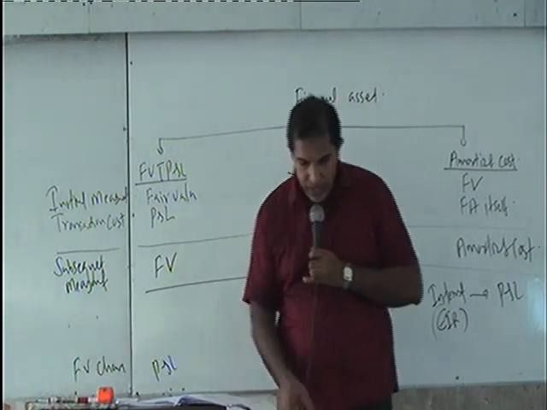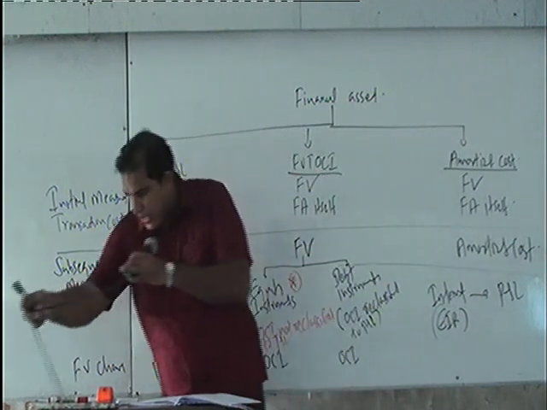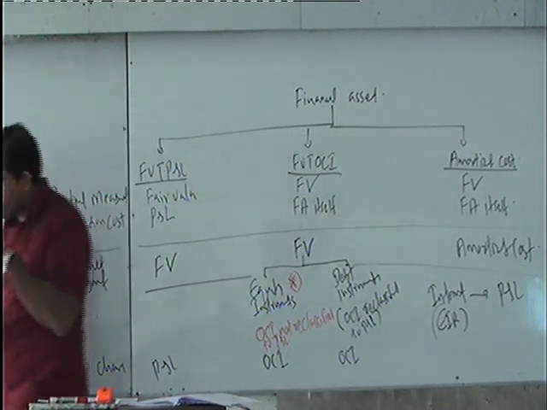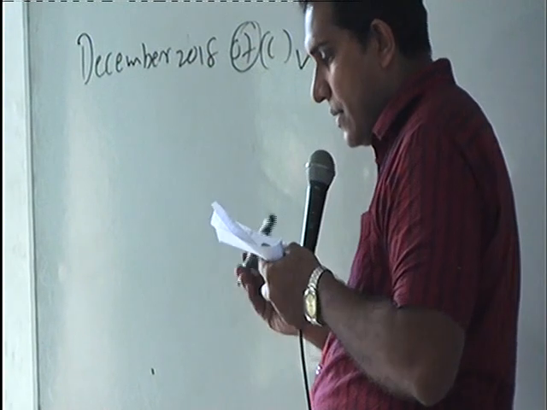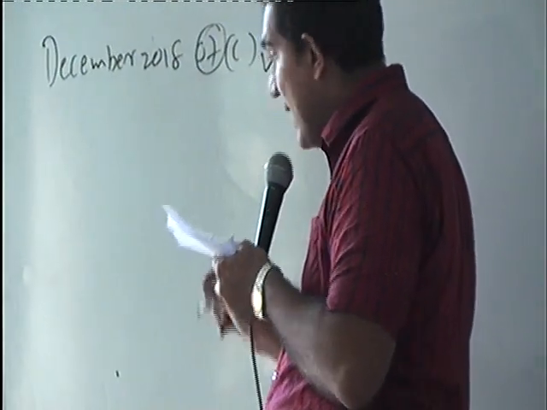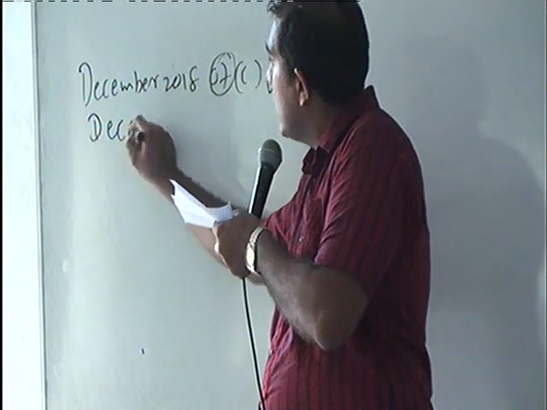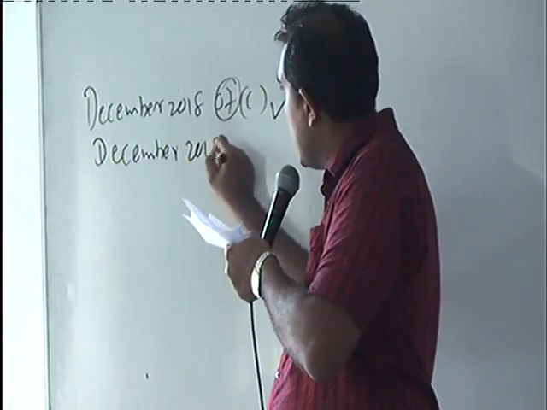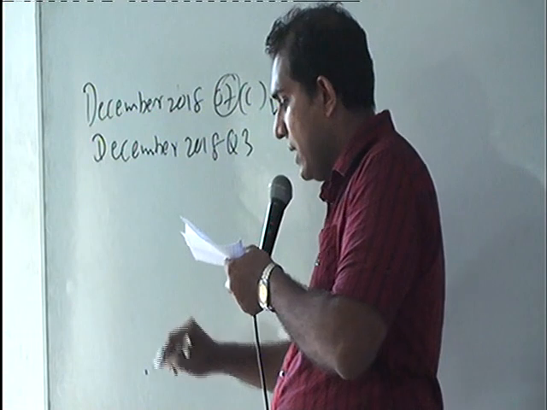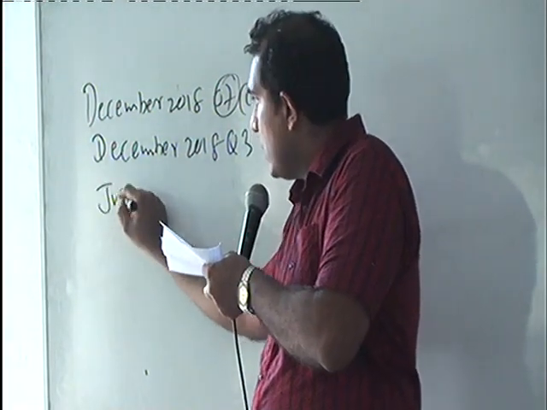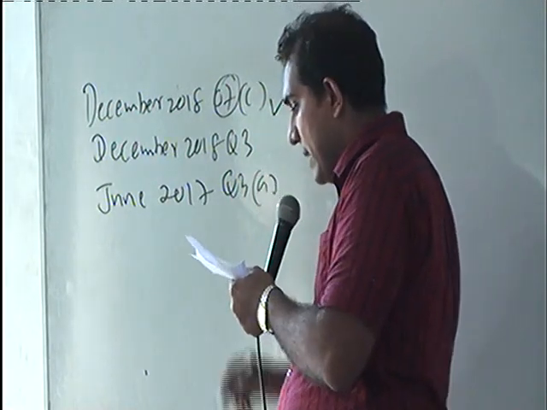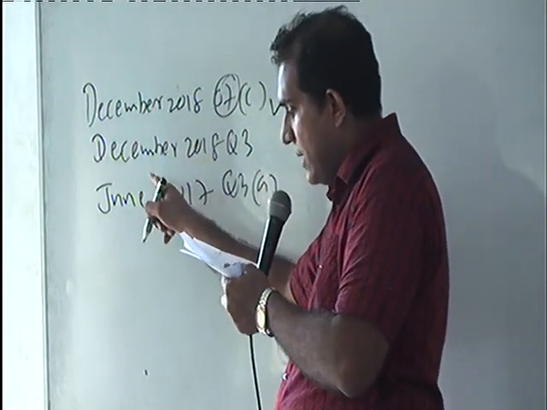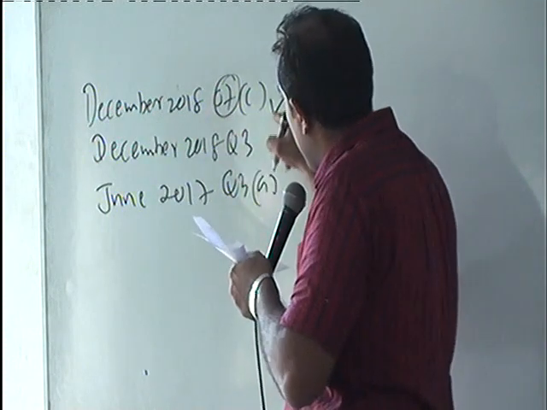Before winding up, can you please write down past papers on financial instrument, SLFRS 9: December 2018 question number 3, and June 2017 question number 3 part A. This question already we have discussed.